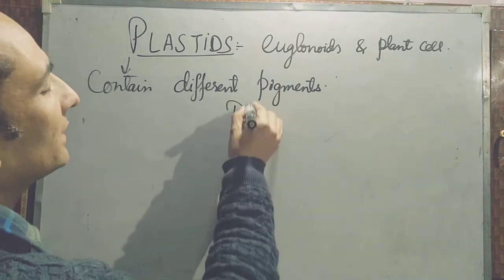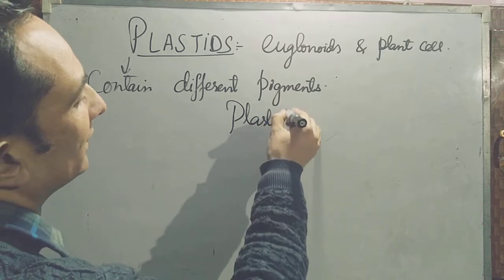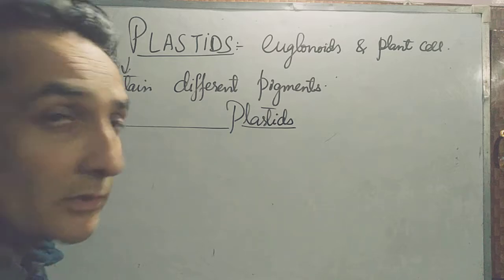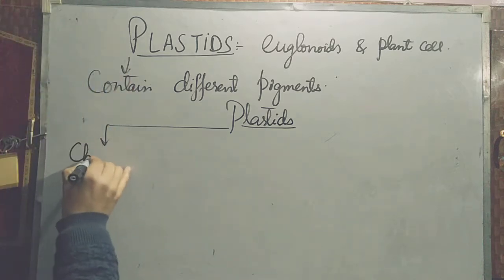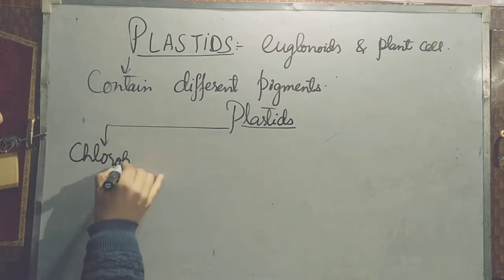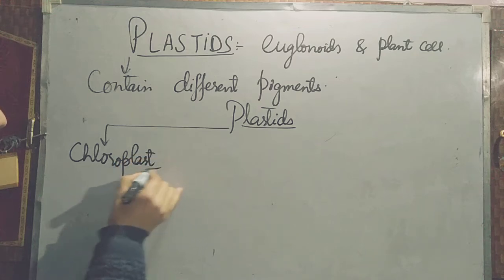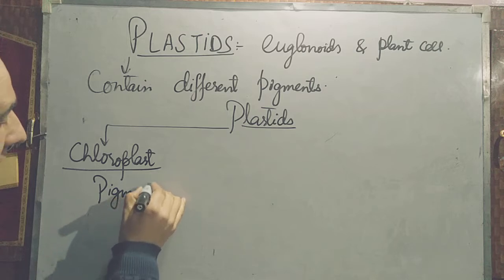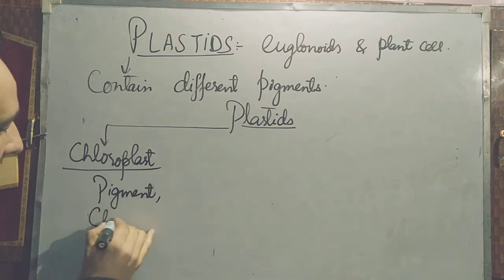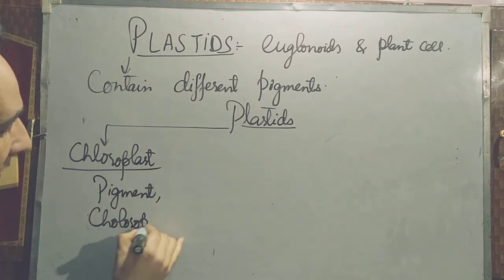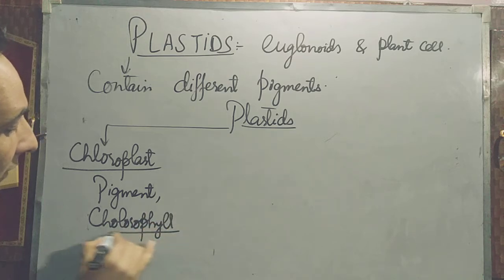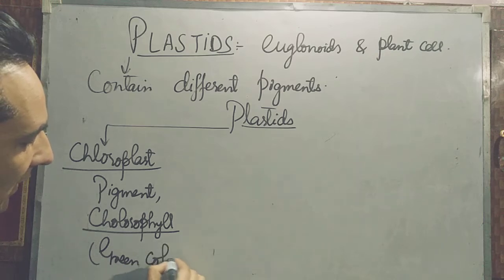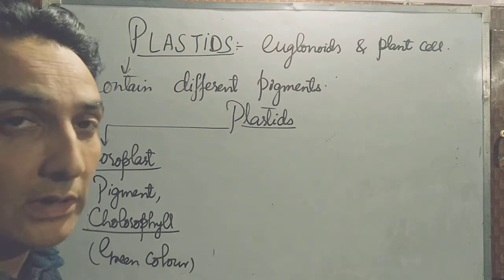A very common type of plastid found in plants is the chloroplast. It contains the pigment chlorophyll, which imparts green color to the plant parts, particularly leaves.